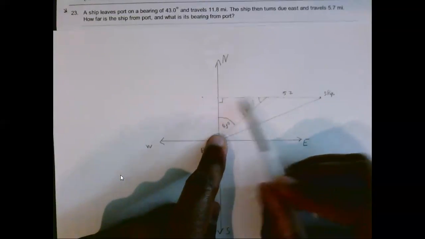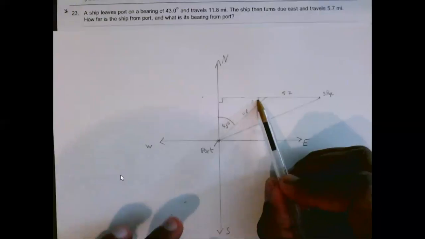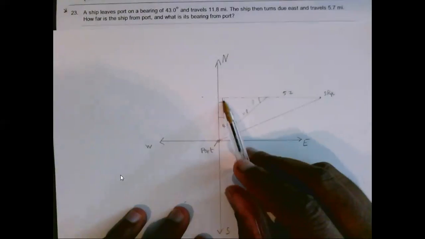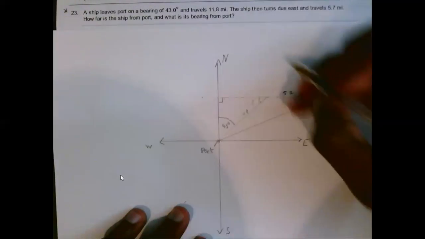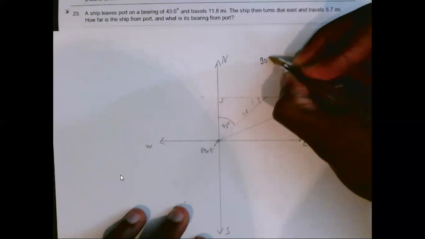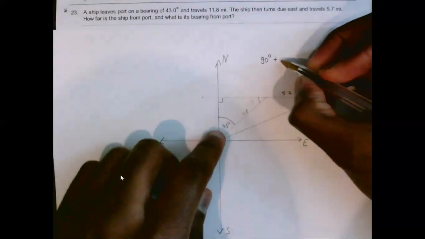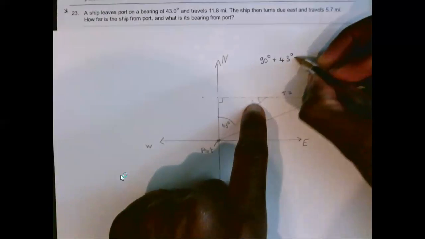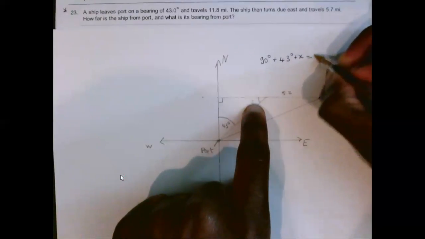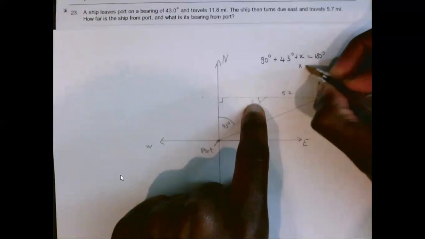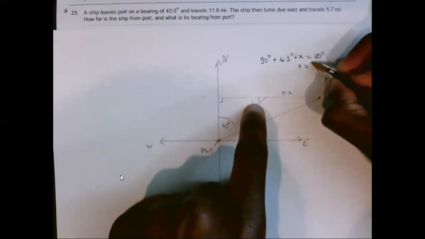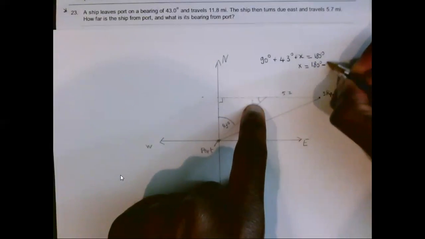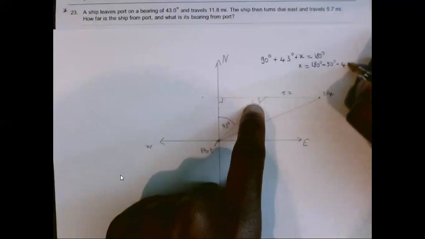So 90 degrees plus 43 degrees plus the unknown, let's call it x, is equal to 180 degrees. So x will be equal to 180 minus 90 minus 43 degrees. So x will be equal to 47 degrees. So the angle that is here is 47 degrees.